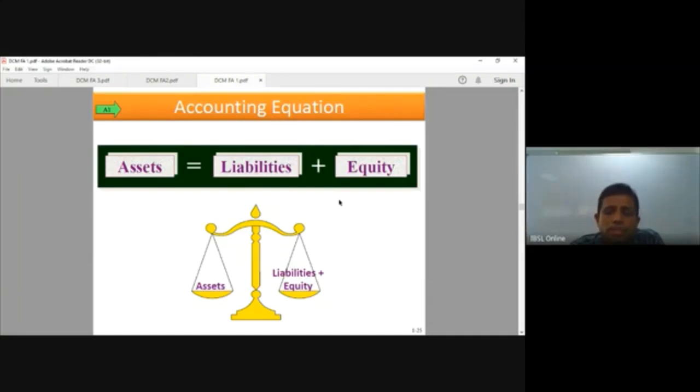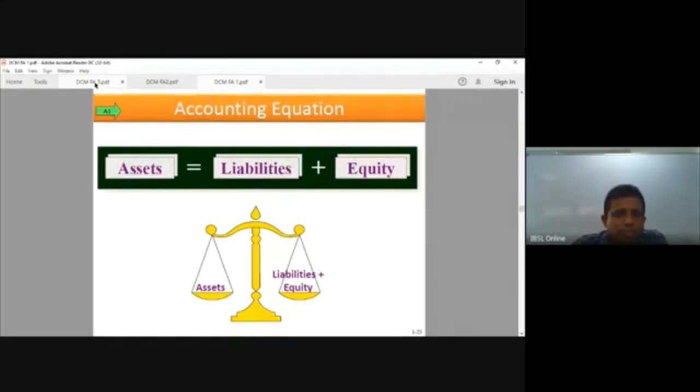If you don't have reserves, you cannot distribute the dividends. That's why normally the equation will tally, assets equal liability plus equity. That's why we have introduced this.